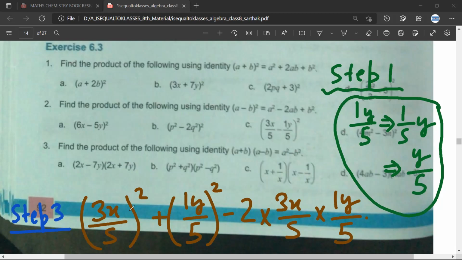So (3x upon 5) whole square, Mr. Sarthak, what this will be equal to? 9x square upon 25. Shabash. Very nice. So both numerator and the denominator have to be squared. What will this be equal to, Mr. Sarthak? y square upon 25. Shabash. So this would be y square upon 25. Very nice. Minus. What will this be equal to?